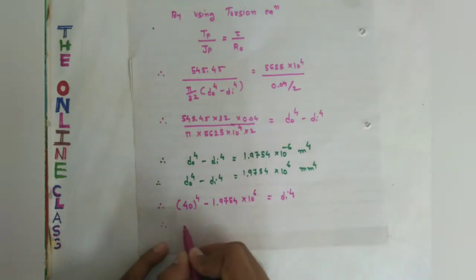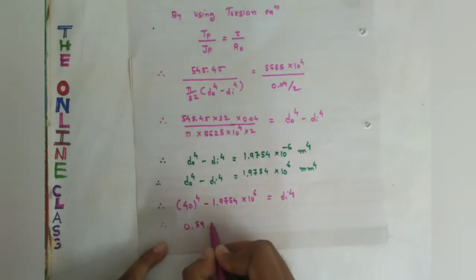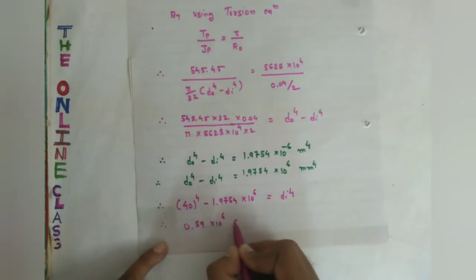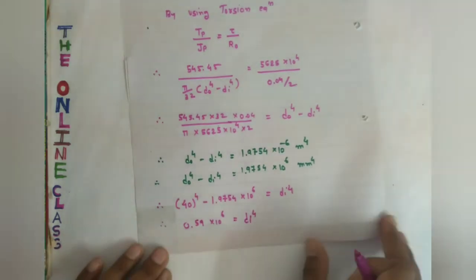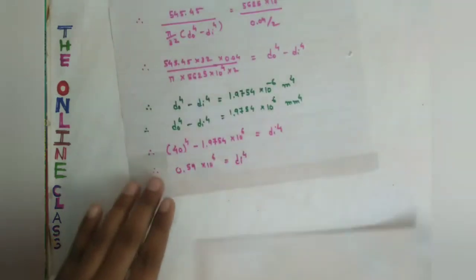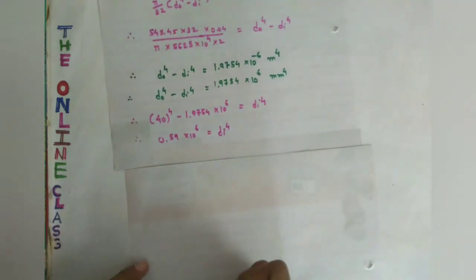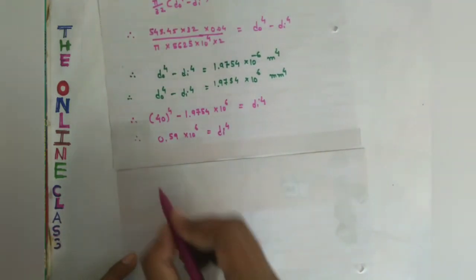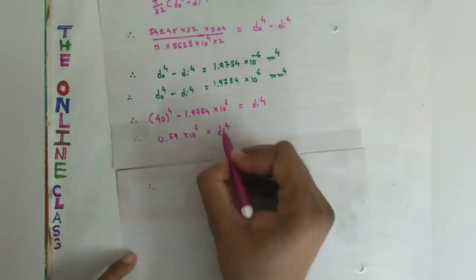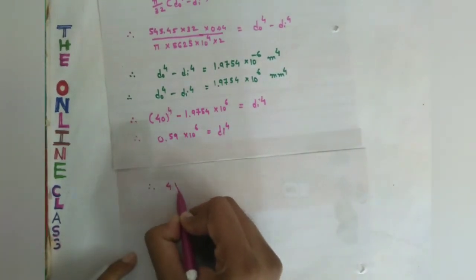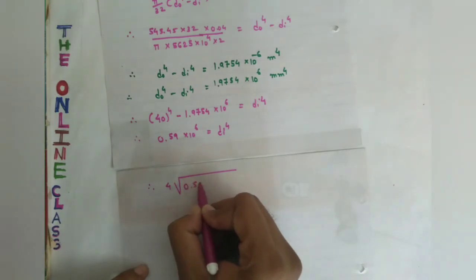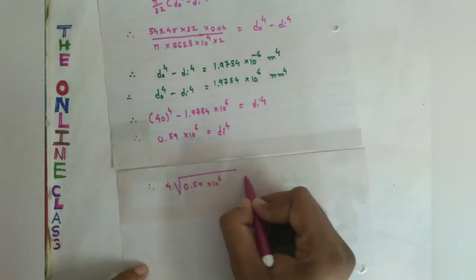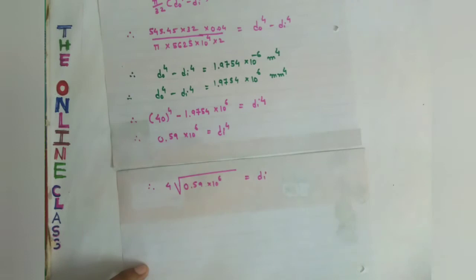Then we have 0.59 into 10 raised to 6 as DI raised to 4. So the fourth root of 0.59 into 10 raised to 6 is equal to DI.